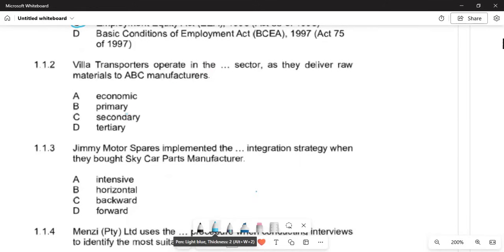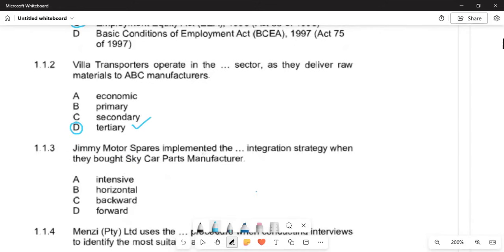We have economic, primary, secondary, and tertiary. The correct answer is D, tertiary, because you're talking about transportation. Once we transport goods from one place to another, it forms the tertiary sector. So the correct answer is the tertiary sector.